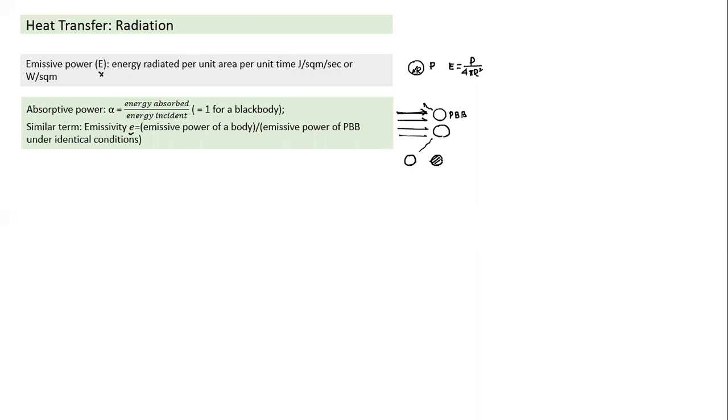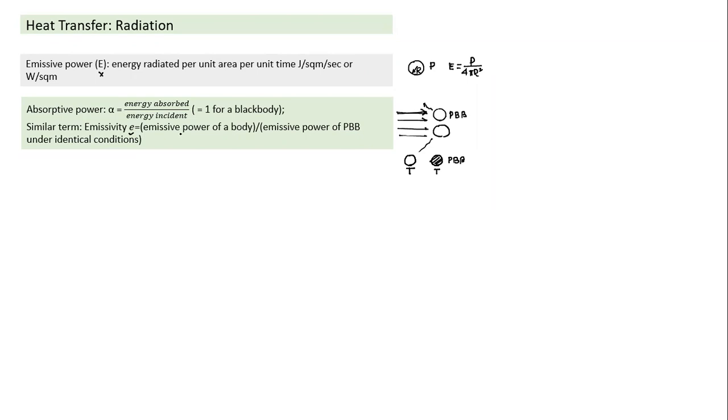So there are two bodies of identical shape. This is a perfect black body, and both are heated to the same temperature. Except for the nature of the body, everything else is identical. So this will have some emissive power at a particular temperature, and the black body also will have emissive power, and the ratio of the emissive powers is called emissivity.